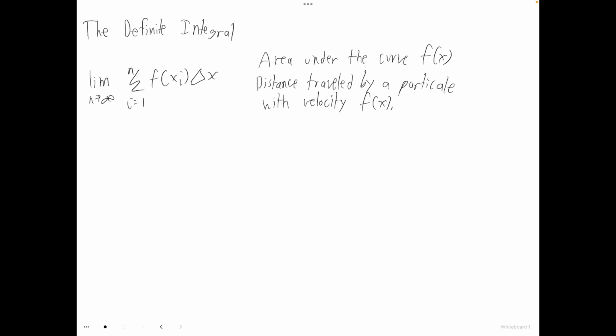We saw this show up in two different places, so we're going to give this a name, and that will be the idea of the definite integral. So let's remember the setup.